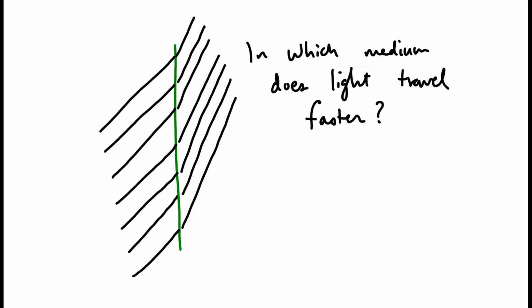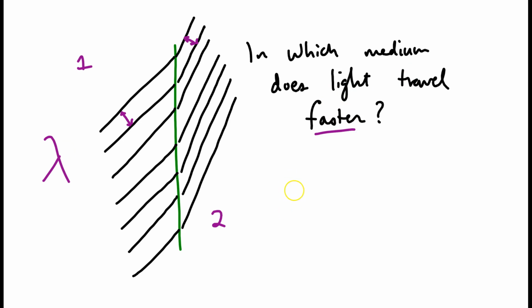So consider this question. In which medium does light travel faster? Okay, again, we can compare the different wavelengths. We'll call this medium 1, this is 2. Medium 1 does have a bigger lambda. What does that mean for speed?